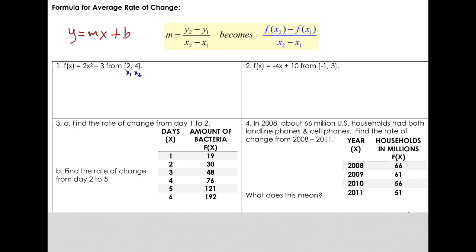Okay, and so all this part is saying right here that you take the function with x2 plugged in, so this is x2, plug that into there, and you put it in this slot, minus the function of x1, there's x1, take that and just plug that in, and then put it over or divided by the numbers themselves.